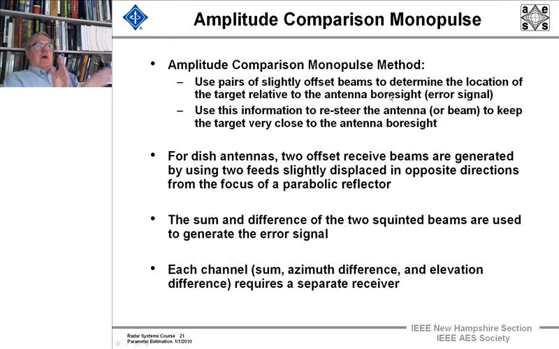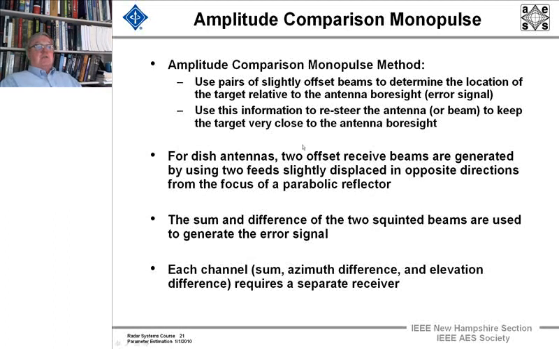So that offset we call the error signal. This information is used to re-steer the antenna or the beam to keep the target very close to the antenna boresight, and we'll use a servo mechanism to go back and forth very close.